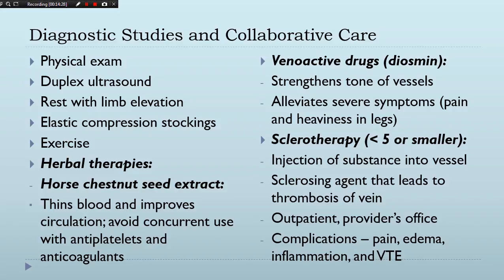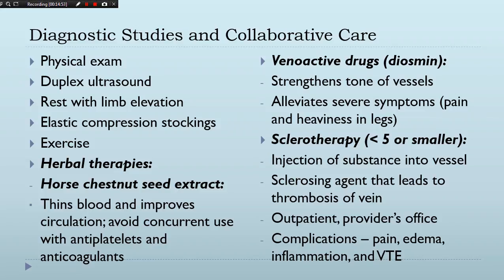So some of the herbal therapies that patients with varicosities might try, which is listed in the book, is horse chestnut seed extract. It's a topical, and it actually is going to thin the blood and improve circulation. So some of the nursing considerations if a patient is using this is to avoid concurrent use of antiplatelets and anticoagulants.